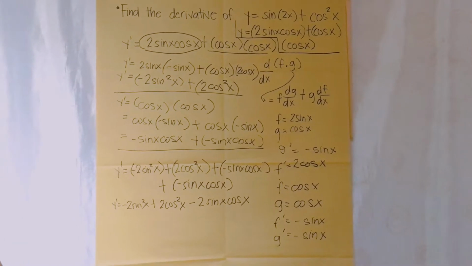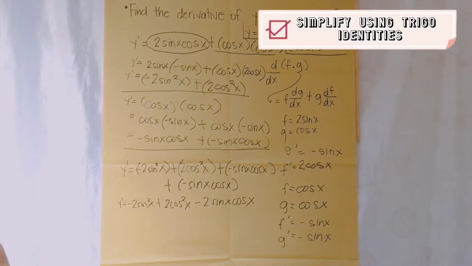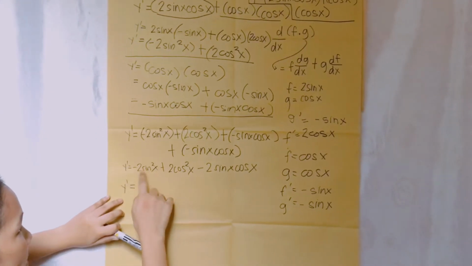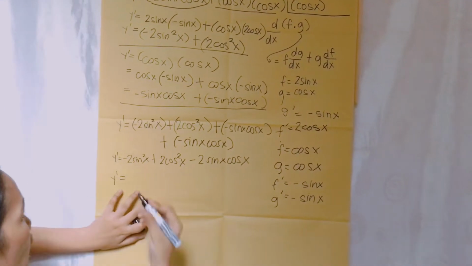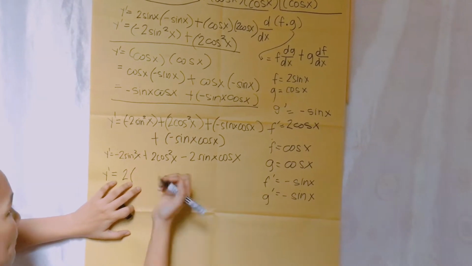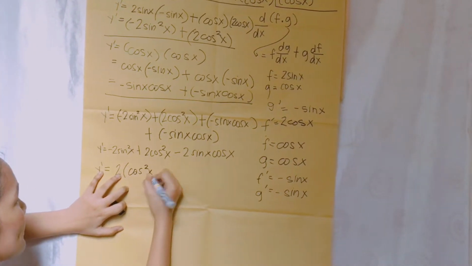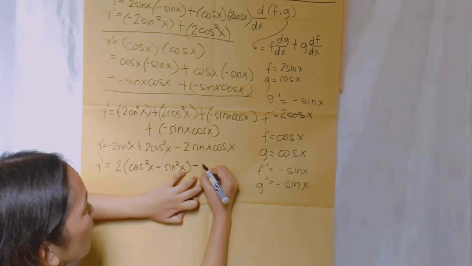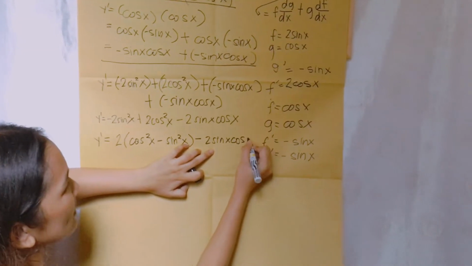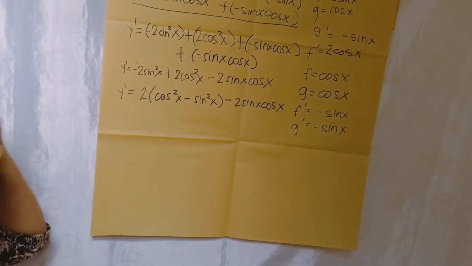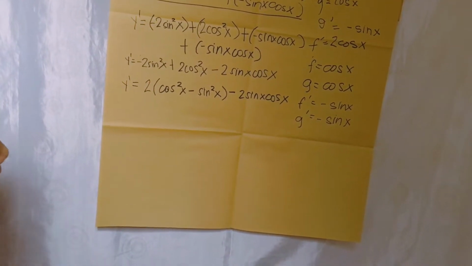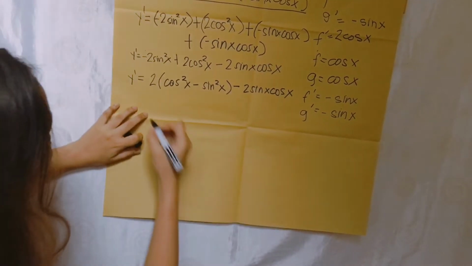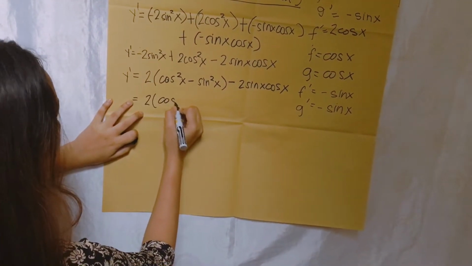However, we can still simplify this answer using the trigonometric identity. Since, as you can see, we have 2 here on sine squared x and cos squared x, we can factor out their common factor, which is 2. That would leave us with 2 times cos squared x minus sine squared x, minus 2 sine x cos x. According to the double angle formula, cos squared x minus sine squared x is equivalent to cos 2x.